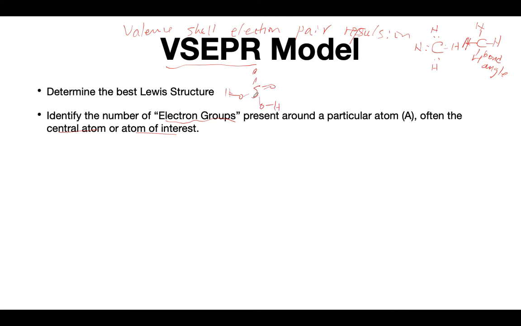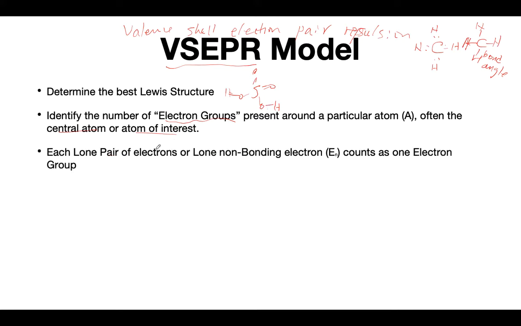Now, when we look at how these four bonds are arranged, this will be the atom of interest. But when we look at the angle of this bond, then this atom will be the atom of interest. Each non-bonding pair of electrons counts as one electron group.